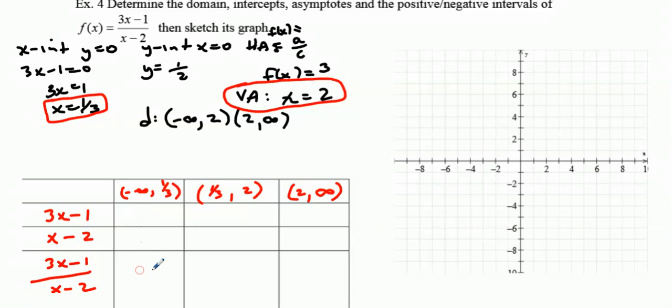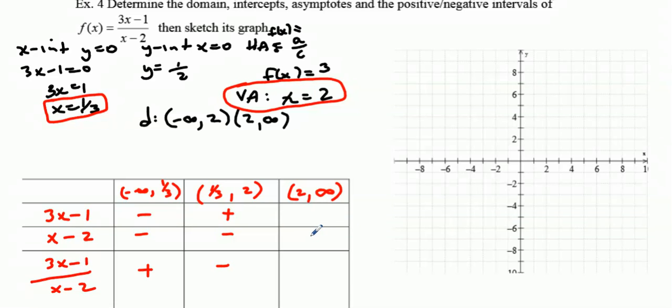Okay, so we test. Minus 100, that's negative. Minus 100 here, that's negative, and when we divide those, it's positive. Something between a third and 2, try 1, that's positive, and that's negative. So our result will be negative.